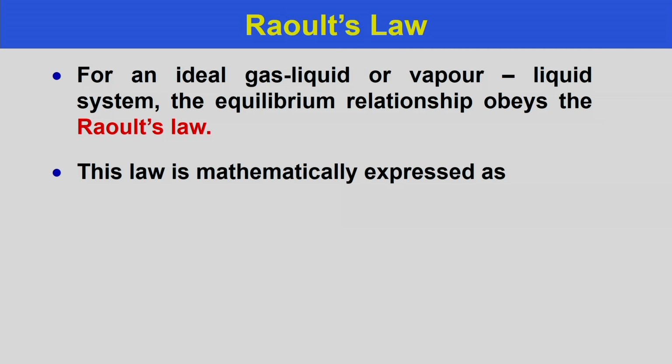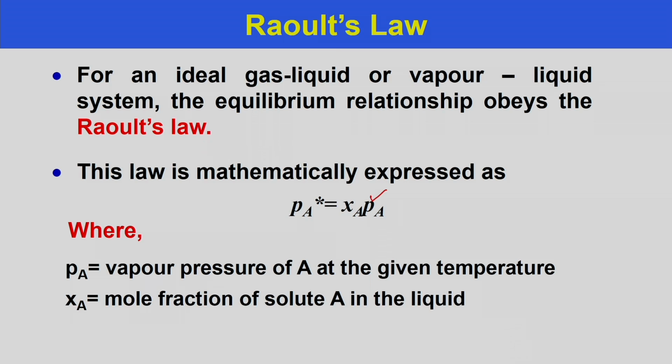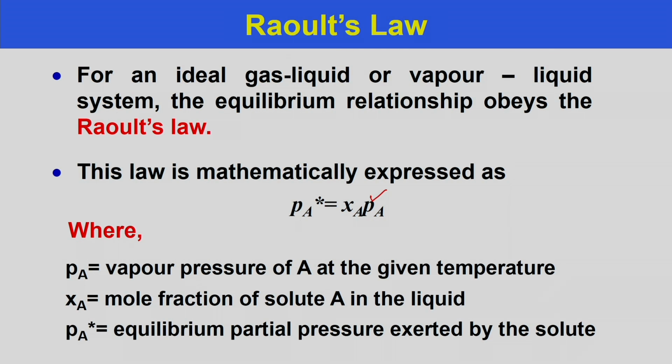This law is mathematically expressed as partial pressure P A star equals the mole fraction x A times P A. P A is the vapor pressure of A at a given temperature, x A is the mole fraction of solute A in the liquid, and P A star is the equilibrium partial pressure exerted by the solute.